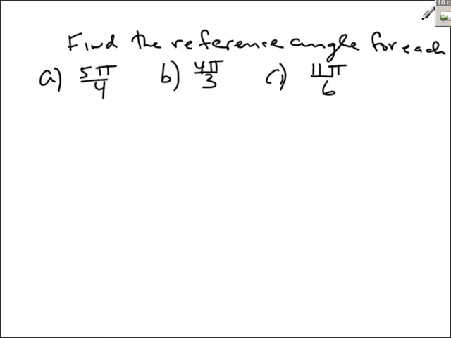Now, maybe it's easier to convert these to degrees, something we're more familiar with. 5 pi over 4. You want to change the way it looks. You multiply by 1. I don't want radians.